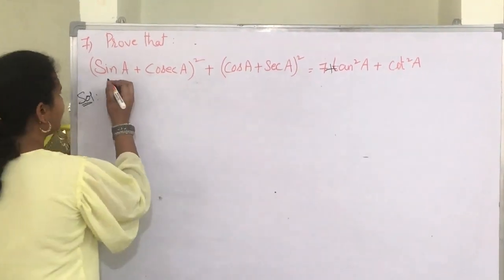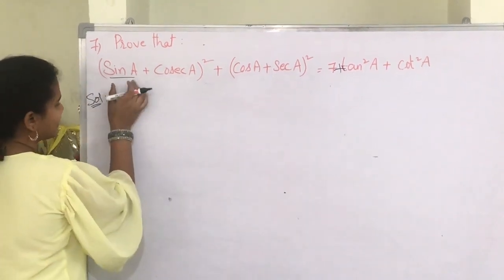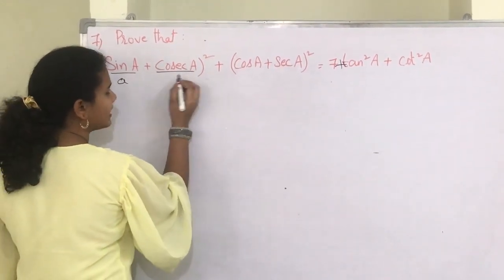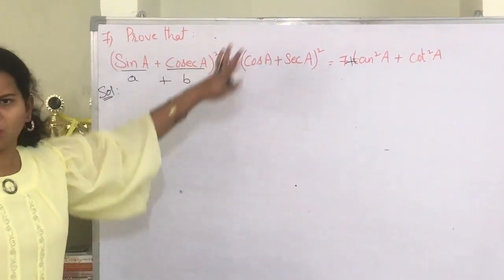To prove this, let's consider sin A as A and cosecant A as B. Here we got (A + B) whole square.